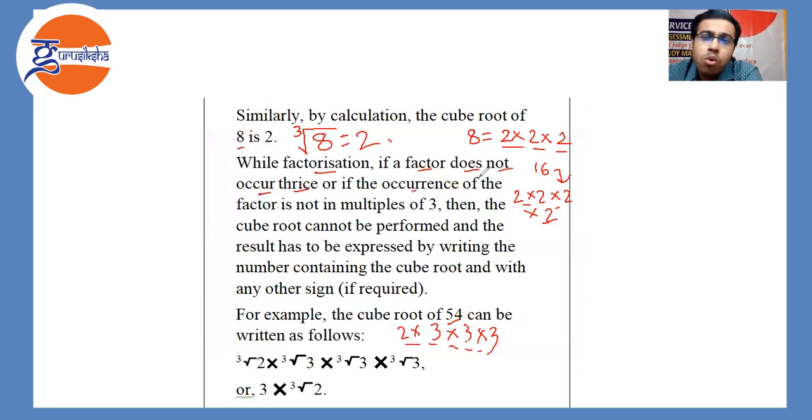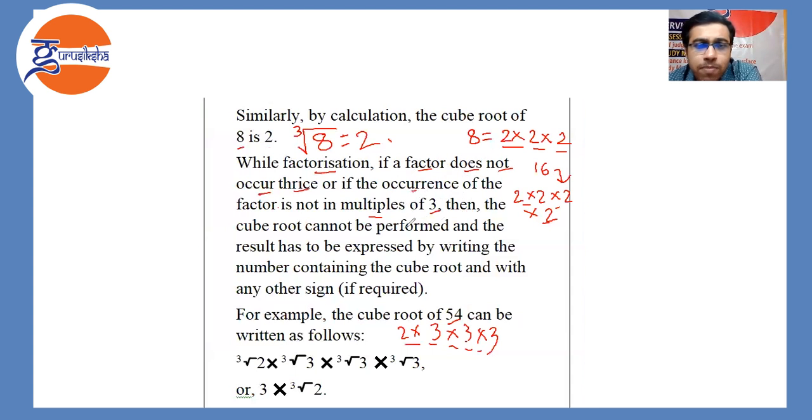So how will we deal with the situation if a factor doesn't occur thrice, or if the occurrence of that factor is not a multiple of 3? The factor has to occur thrice, or 6 times, 9 times, like this, multiples of 3. But what if it doesn't occur in multiples of 3?